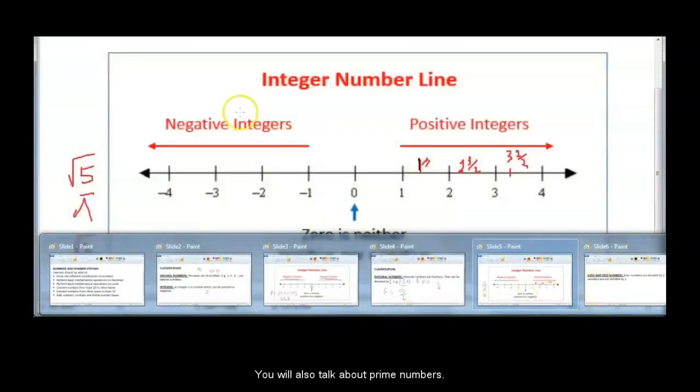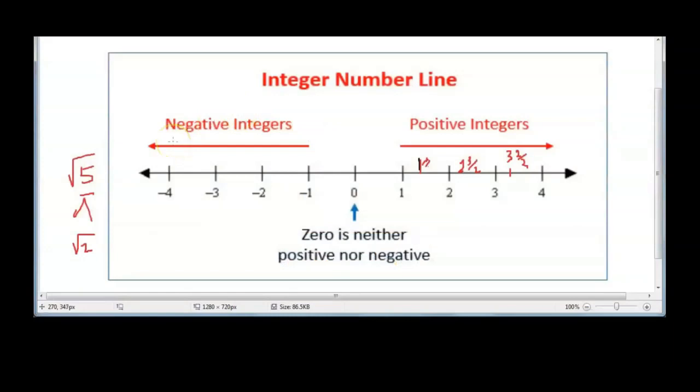We will also talk about prime numbers. All prime numbers are divisible by 1 and themselves only. Any number that is divisible by 1 and itself only is a prime number.